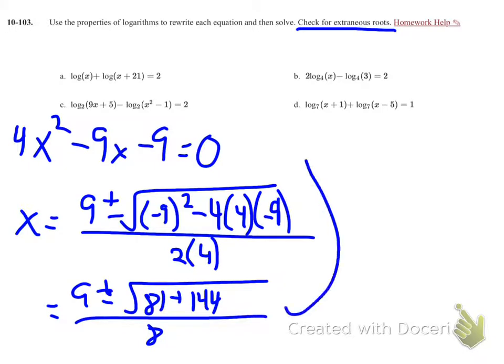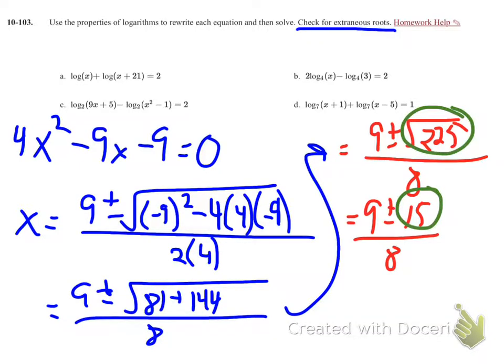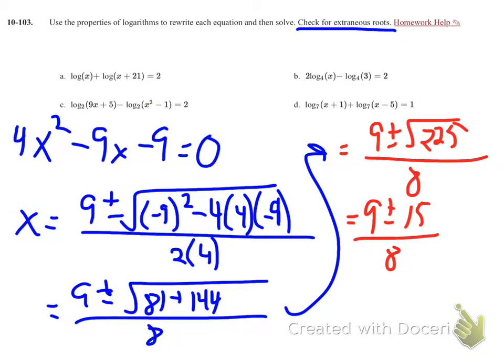So that's going to end up being 9 plus or minus the square root of 225 over 8, which is 9 plus or minus 15 over 8. One quick thing before I go on, because this is a perfect square, that means that I could have actually factored this, so factoring would have worked out. That's okay if we don't need to factor it.